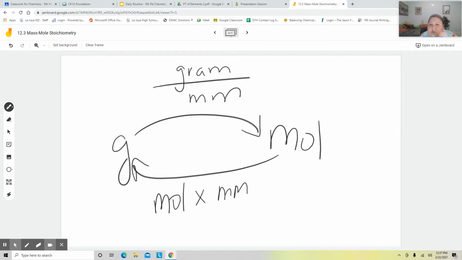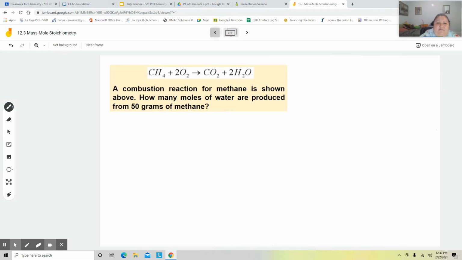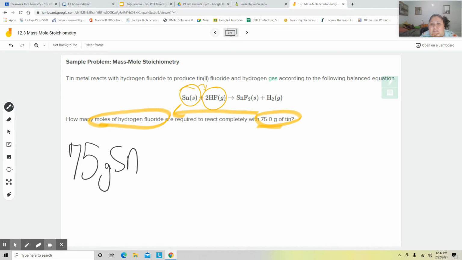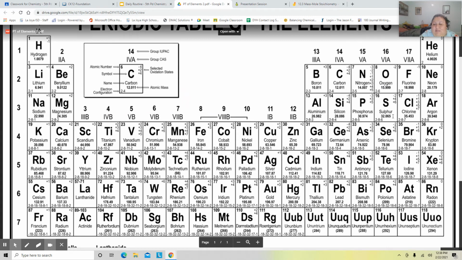Okay, so now we have our diagram. We know what to do in order to go from grams to moles. We know we have to divide, and we need to divide by the molar mass of tin. So we're going to go into the periodic table, right? We're going to find the atomic mass of tin. And if you look at the formula, there's only one of them. So whatever the atomic mass is for tin, that's also your molar mass. Element 50.